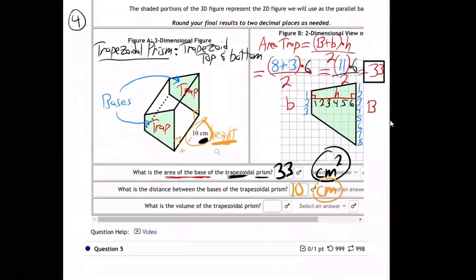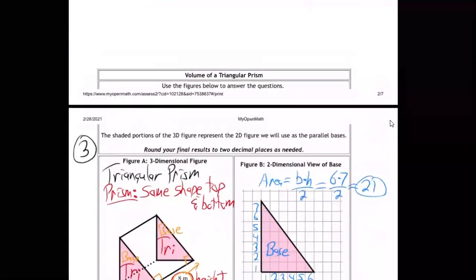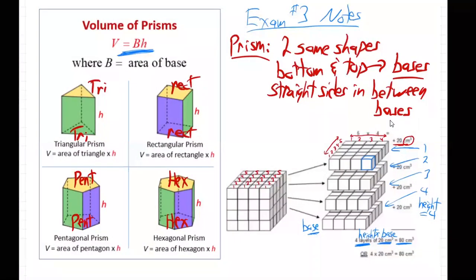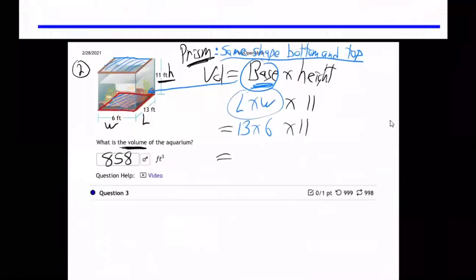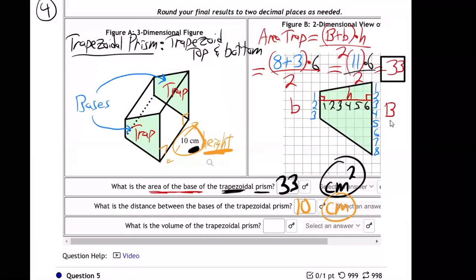And then finally, what is the volume? Well, if we go to the prism formulas up here, let me show you those on the exam 3 notes. Volume of a prism is base times height. Whatever the base is, like if the base was a pentagon, we take the area of the pentagon times the height, because the pentagon is the ground floor. Area of the base times the height. So the volume is the base times the height.